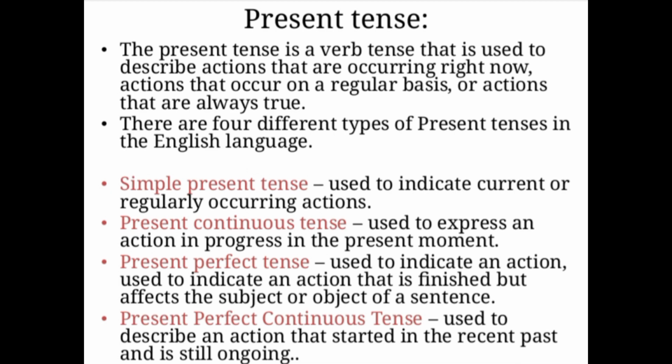And we use present perfect continuous tense to describe an action that started in the past and is still ongoing. We use it to tell the action that started in the past, recently, and that action is still ongoing.